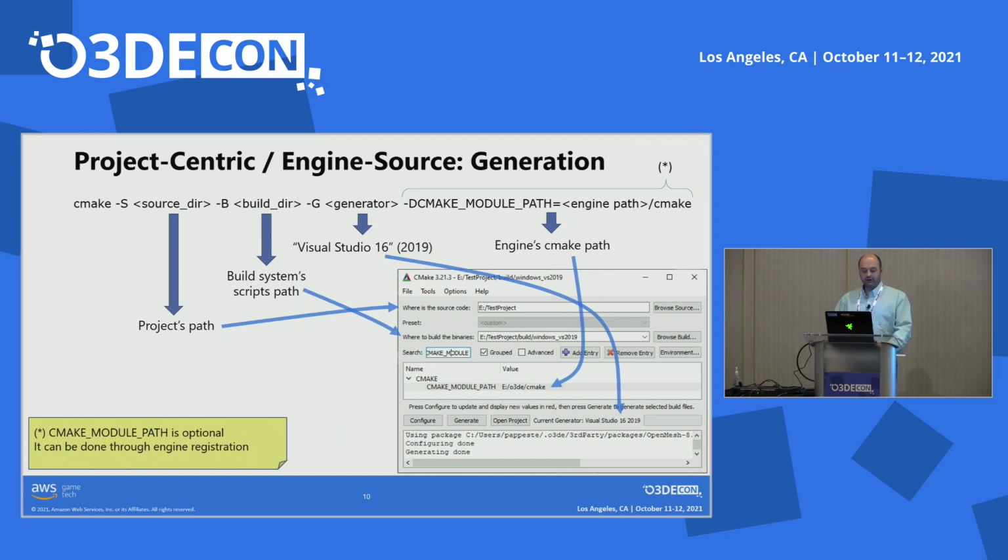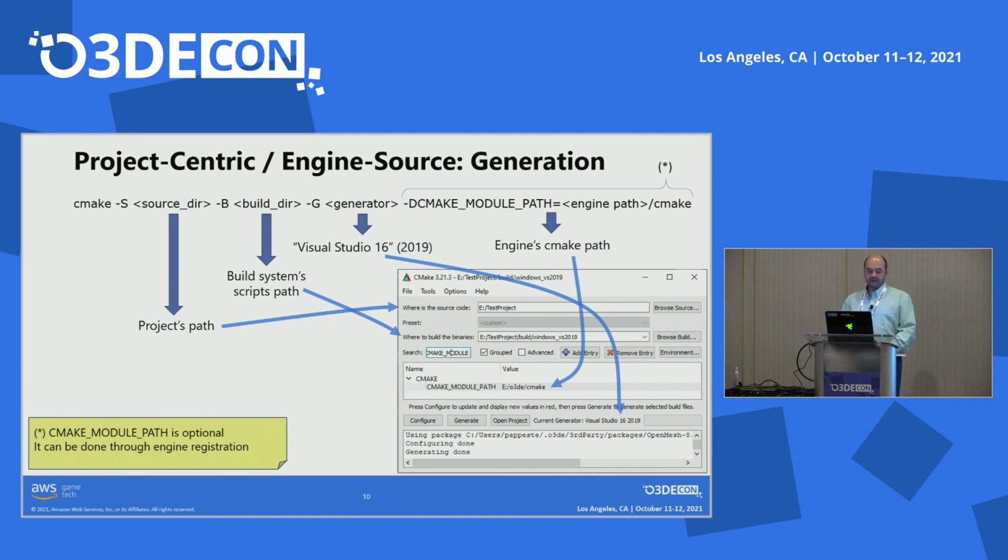It's not the recommended way, it's just very obvious to show it this way. So here we are passing the engine path slash CMake, pointing to where the engine source is. You can see here the path O3DE slash CMake. The reason we are passing the CMake folder is because the find file that is used to find the engine is in that folder.